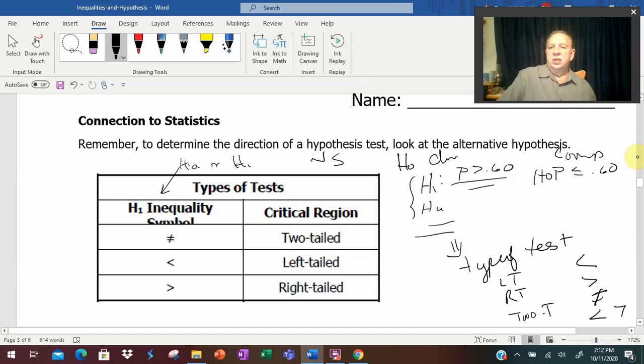Okay. So I'm looking for these symbols in here, and it needs to be read left to right: here's the statement, and then the number. So if this was not equal to, we're going to do a two-tailed test. If p or mu is less than a number, that's a left-tailed test. It points to the left. A right-tailed test points right.